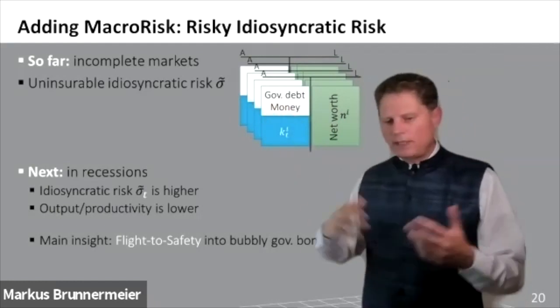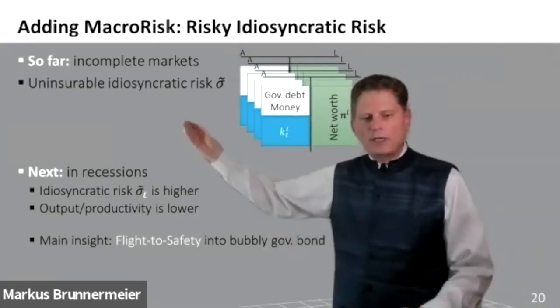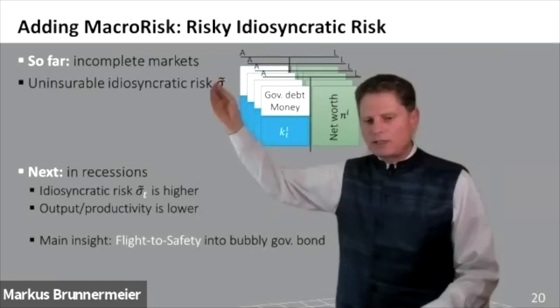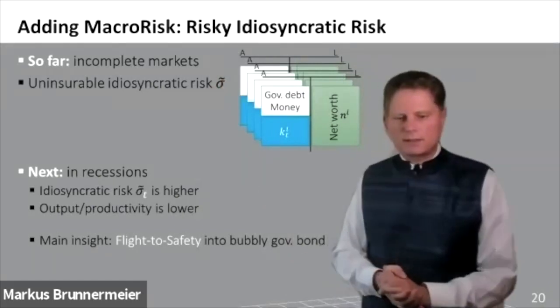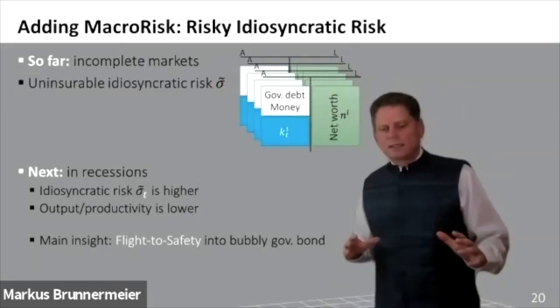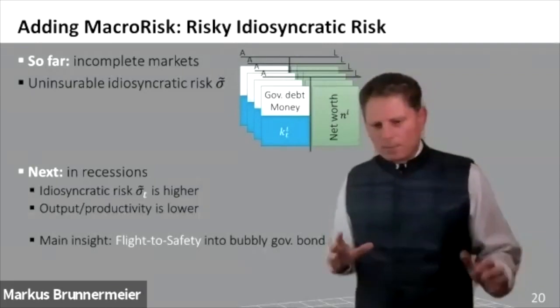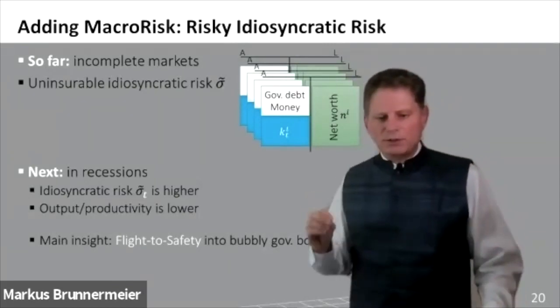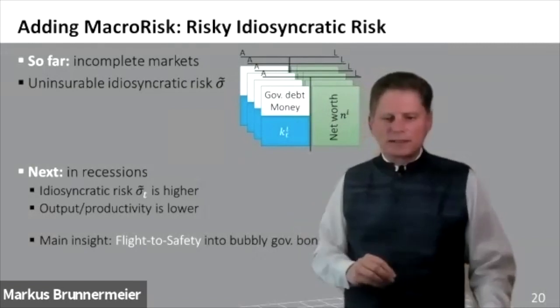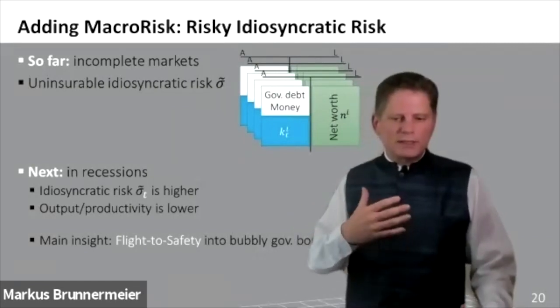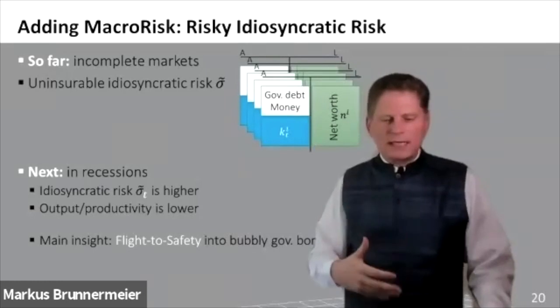The many citizens in the economy were all exposed to idiosyncratic risk, where sigma tilde is my idiosyncratic risk. Now what I do next is make it more realistic and assume that in recessions the idiosyncratic risk is going up. So when you go into a recession, of course, the risk you face idiosyncratically is going up.